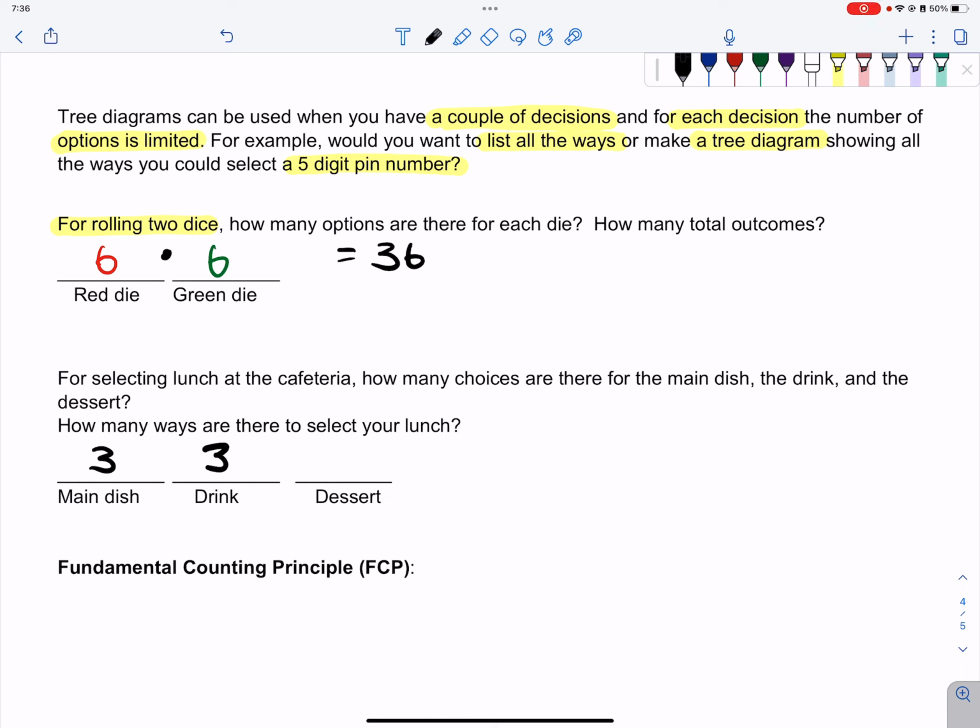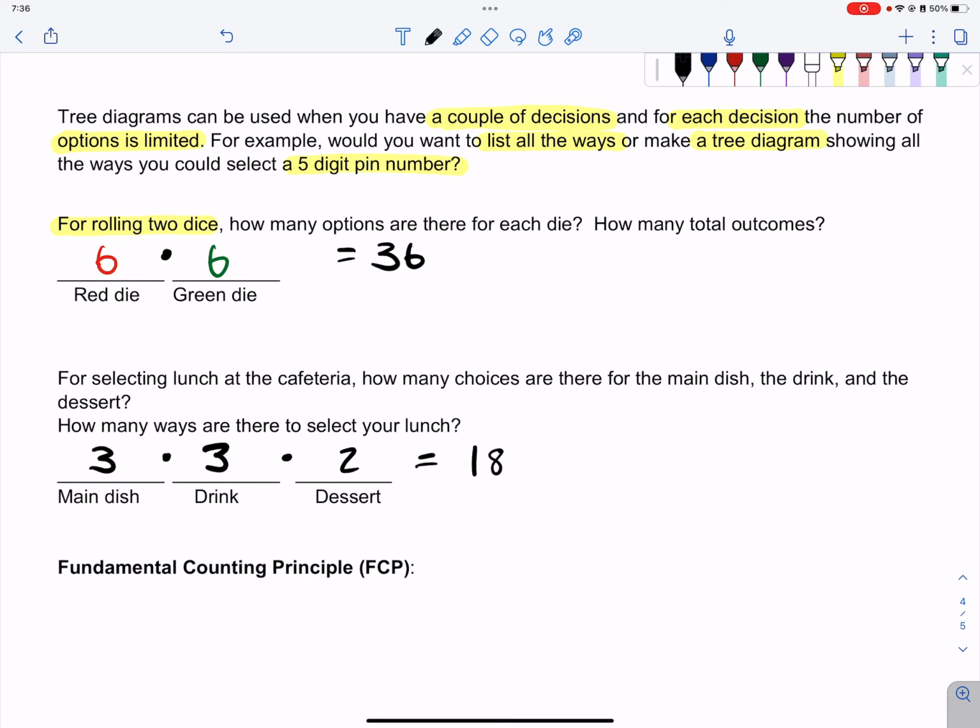And then lastly, the dessert had 2 options. And we also saw that our total number of branches for the lunch experiment was 18. So that told us that there were 18 different outcomes in that experiment. Well, 18 is the same thing as 3 times 3 times 2.